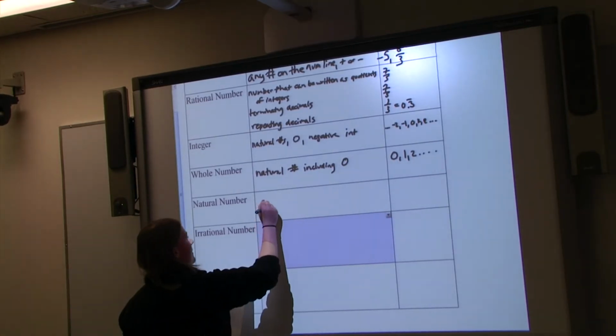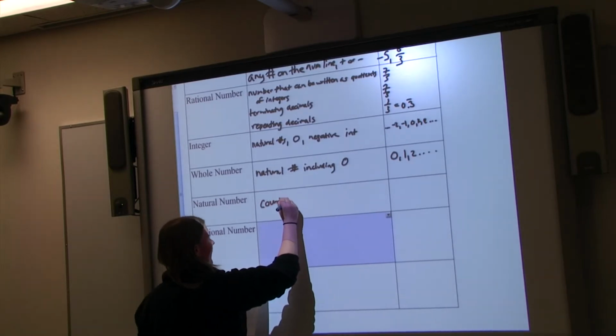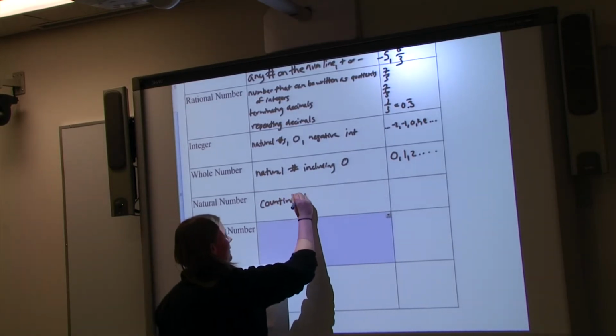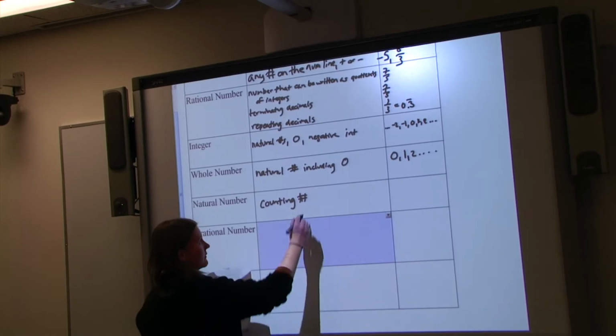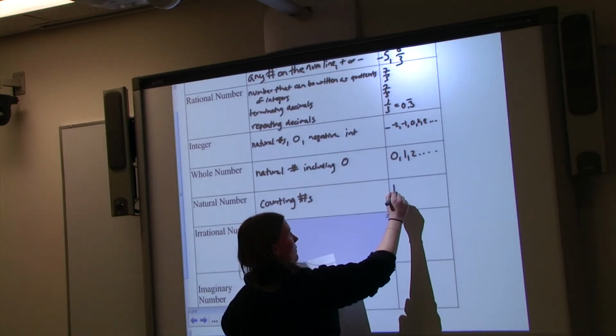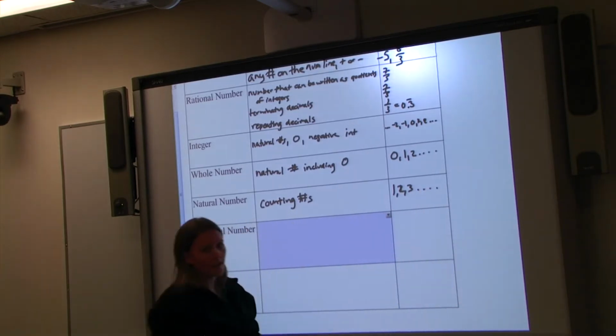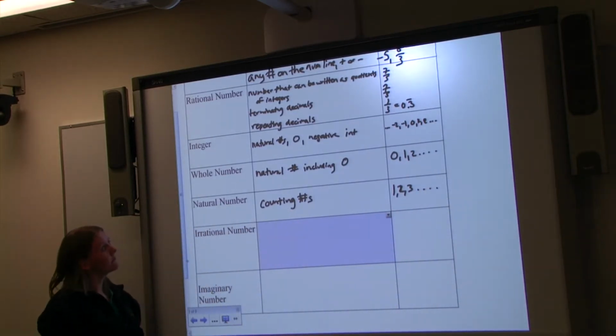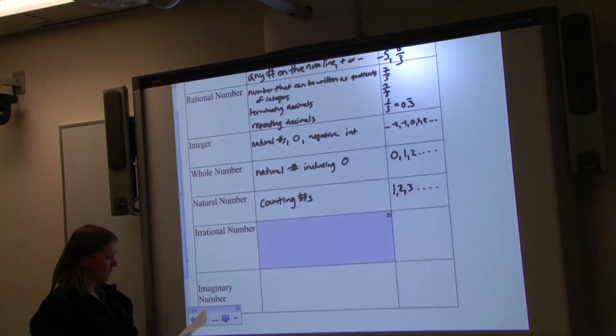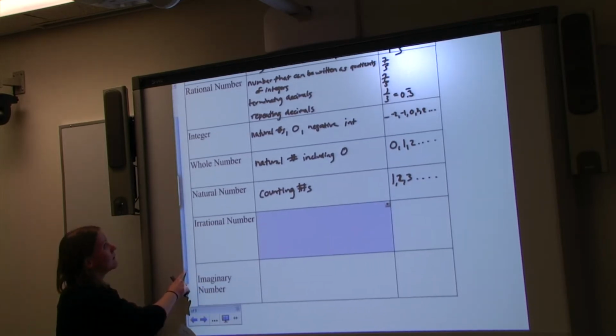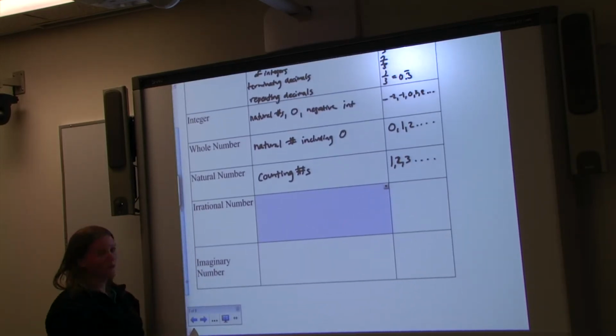Now we're getting to our natural numbers. These are just our counting numbers. So 1, 2, 3, like that. That's what our natural numbers are.